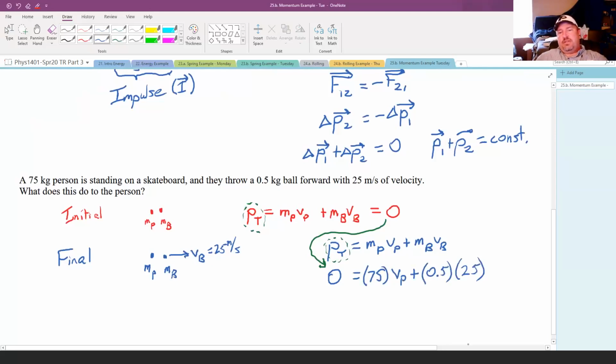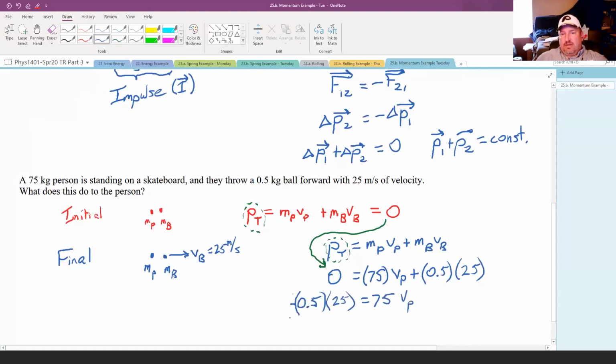Now we have an equation in which everything is a number except for the speed of the person. So that means we can solve for the speed of the person. So this would be minus 0.5 times 25 equals 75 v of the person.